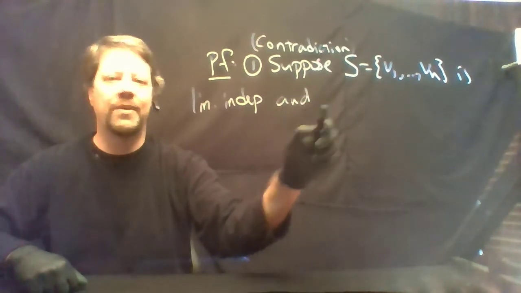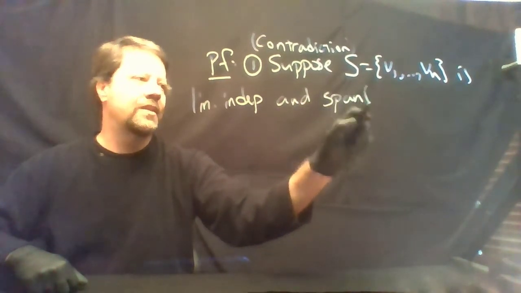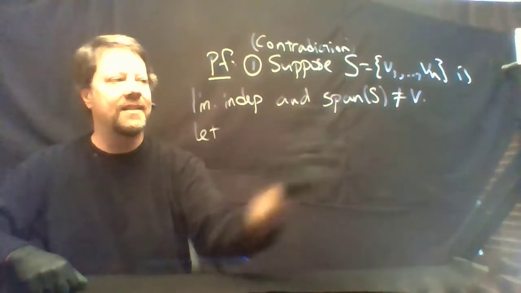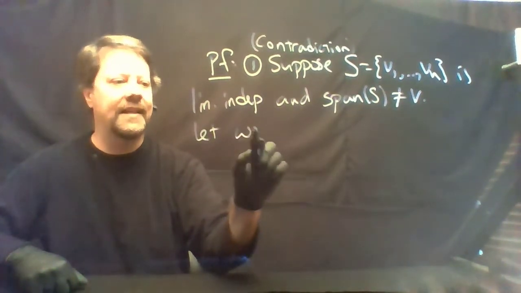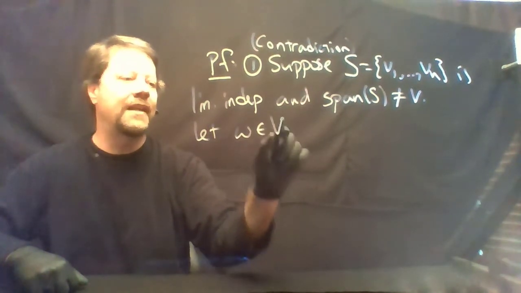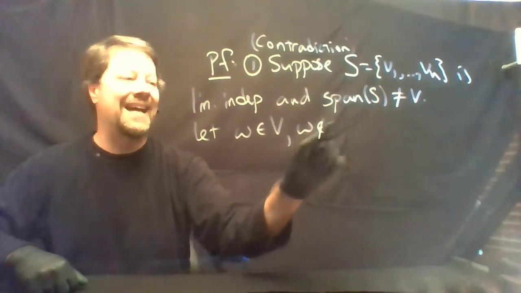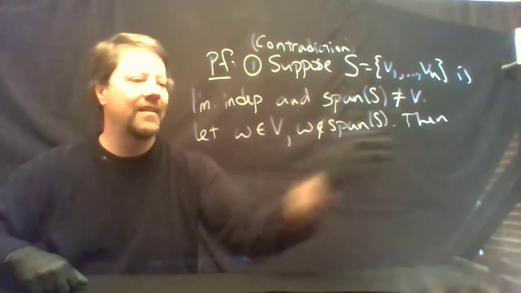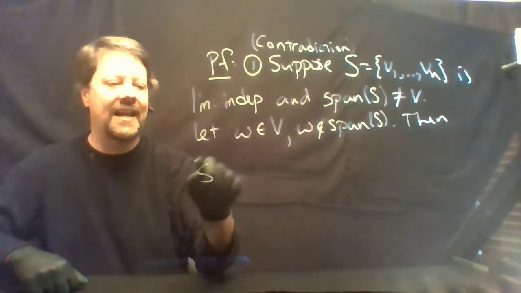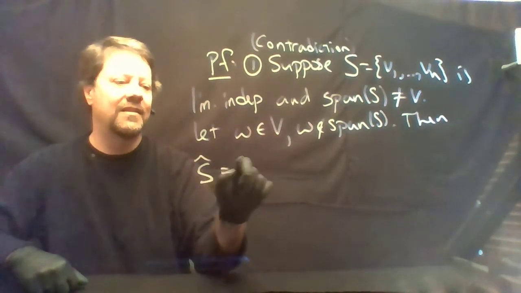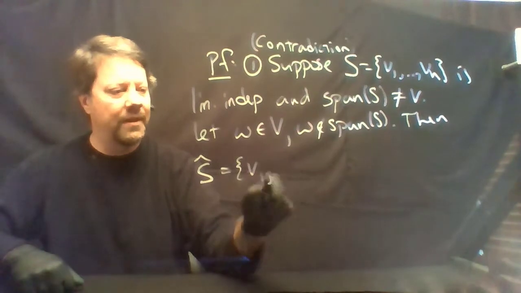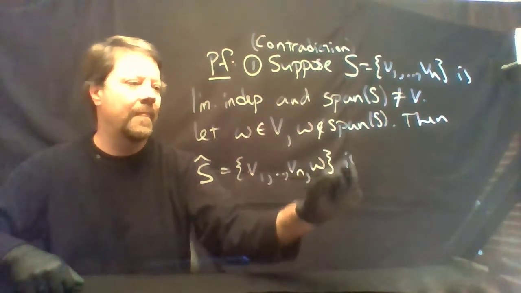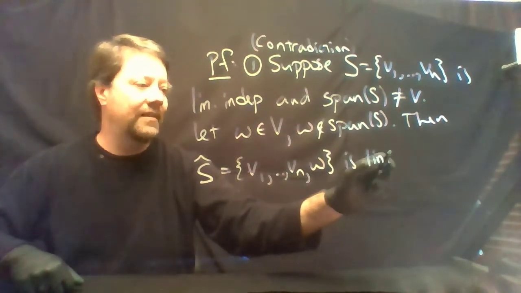So we'll also suppose that the span of S is not all of V. Since it doesn't span all of V, let W be in V, W not in the span of S. Then the set S hat equal to V1 through Vn, and we'll toss in W, is linearly independent.